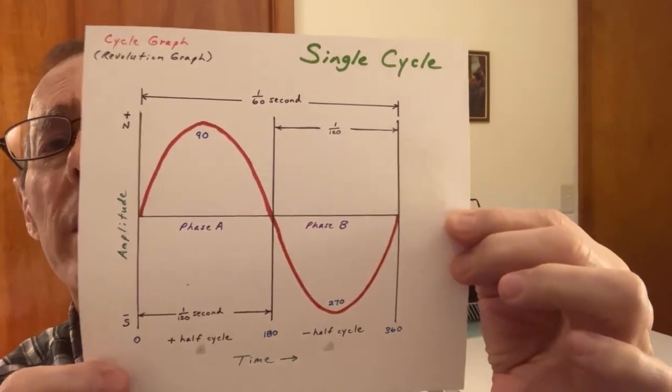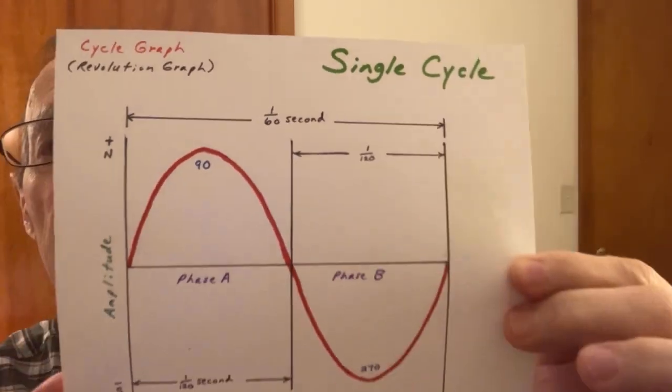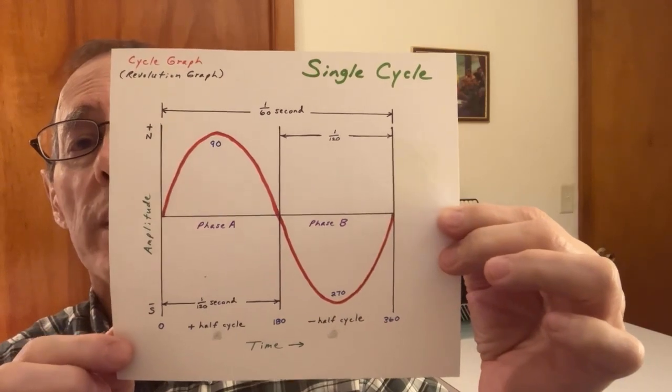That's just one cycle, a single cycle, in a mere 1/60th of a second. I already talked about that and explained it. And in this cycle graph, you have two phases. A phase is a distinguishable part in a course or cycle.